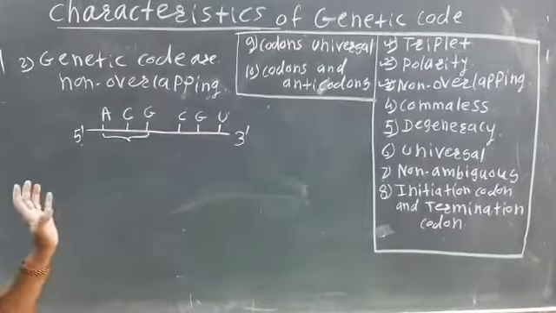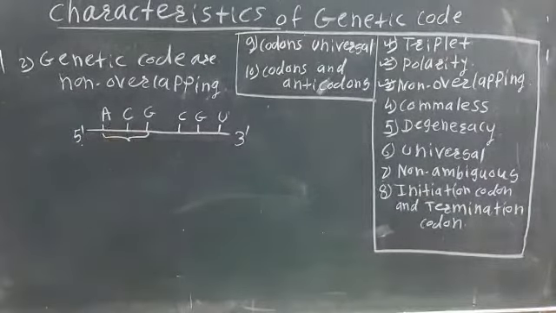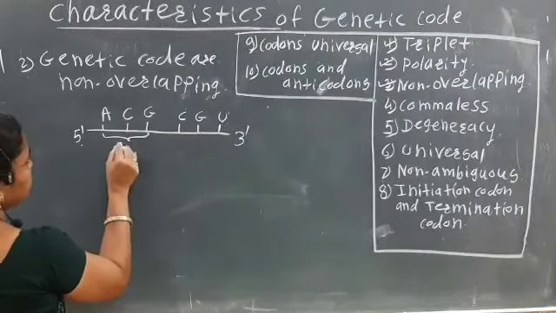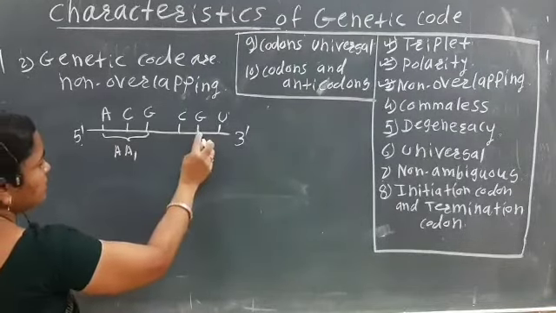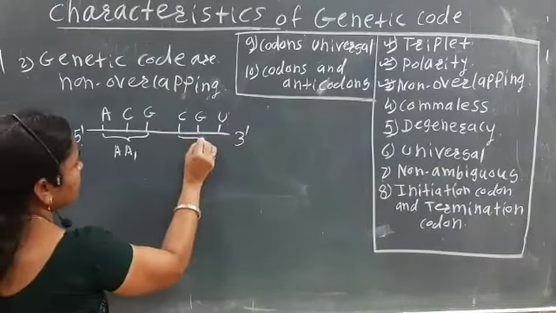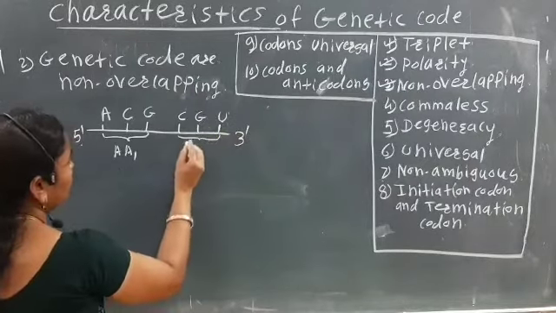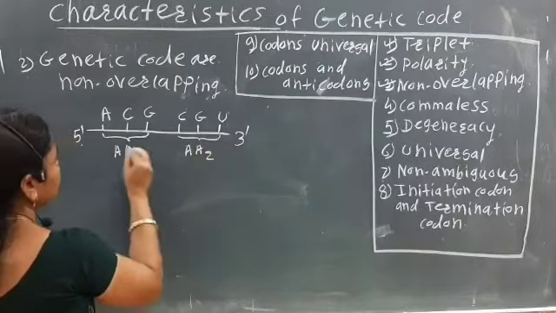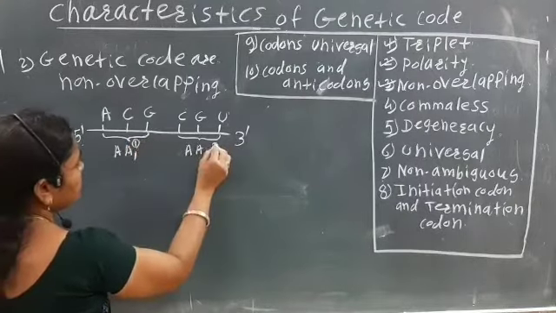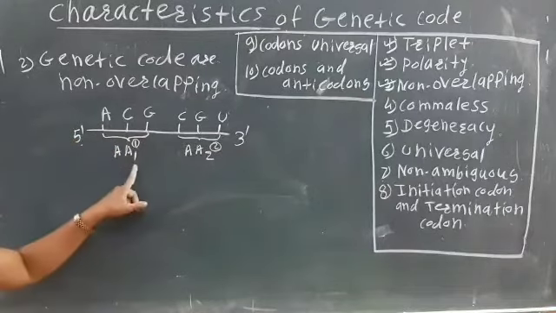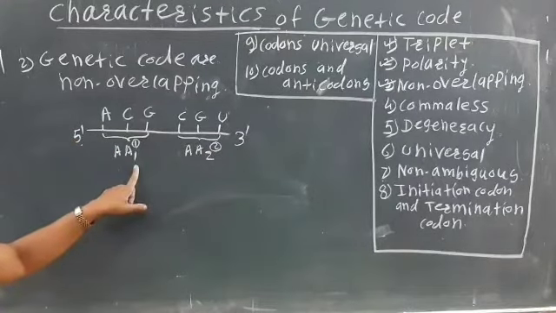So here ACG codes the amino acid AA1, while the CGU codon codes amino acid AA2. So it is one amino acid, and then the second amino acid. Like this, one codon specifies one amino acid.